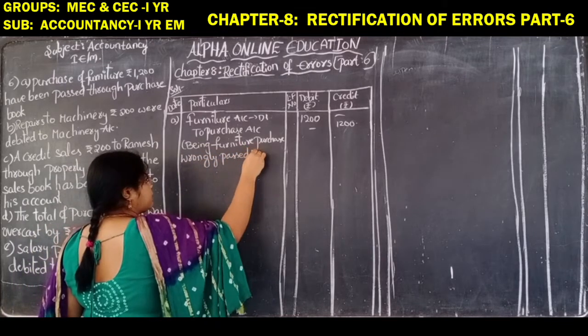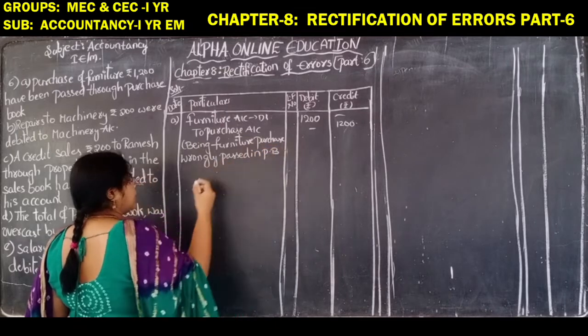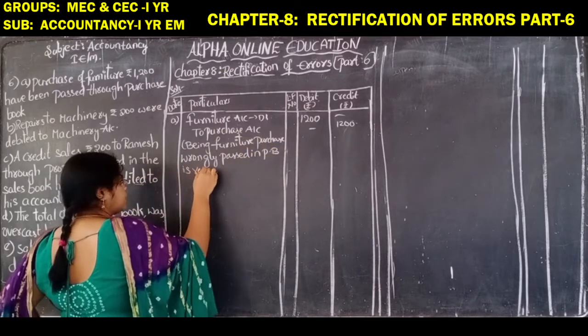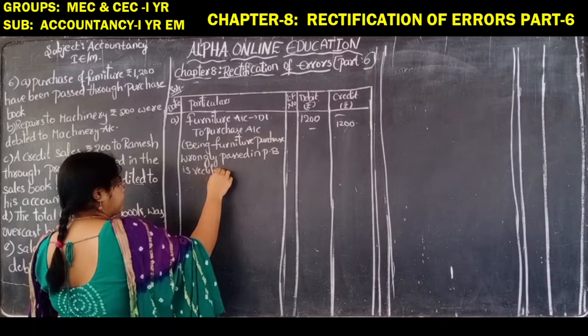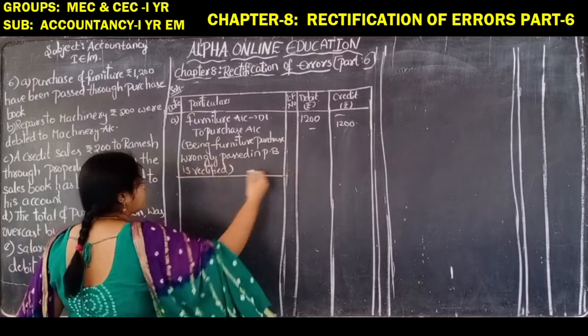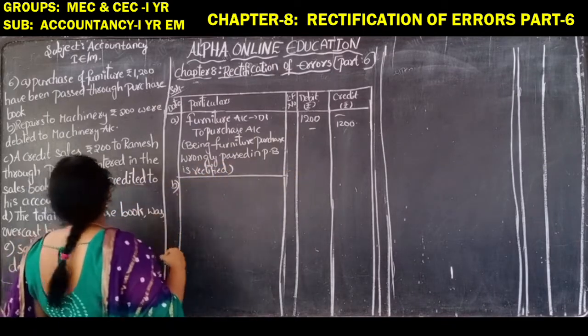Furniture purchase wrongly passed in purchase book is rectified. So we are rectifying such an error by writing the rectification.